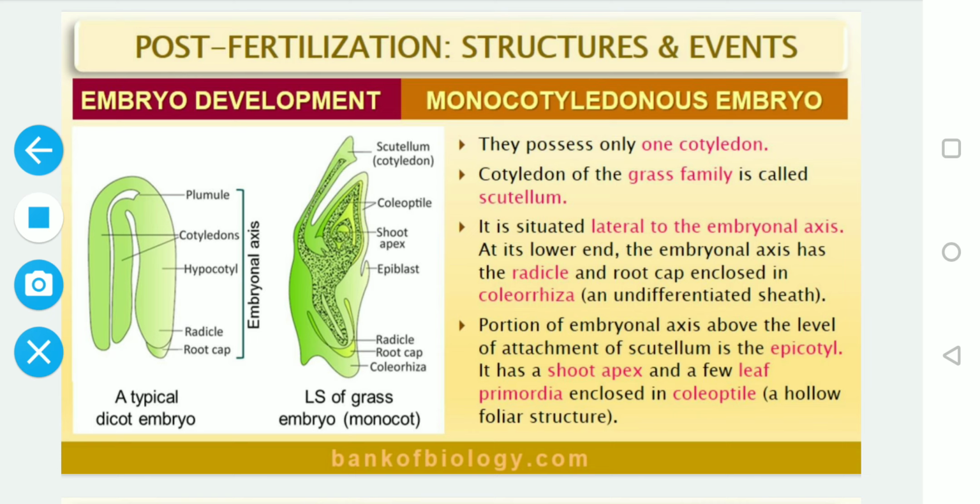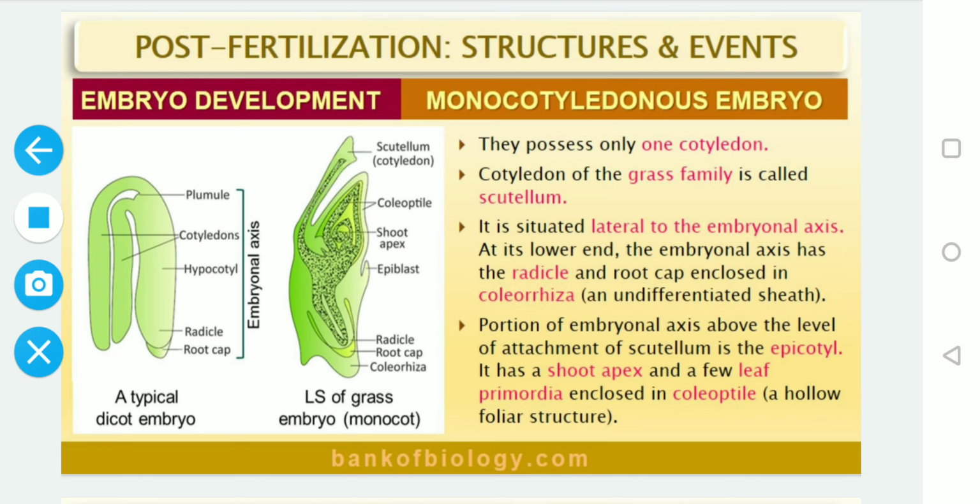It has a shoot apex and a few leaf primordia, which are very young structures, enclosed in a coleoptile, a hollow foliar structure. Got it? Later it will develop into the complete leaf structure.